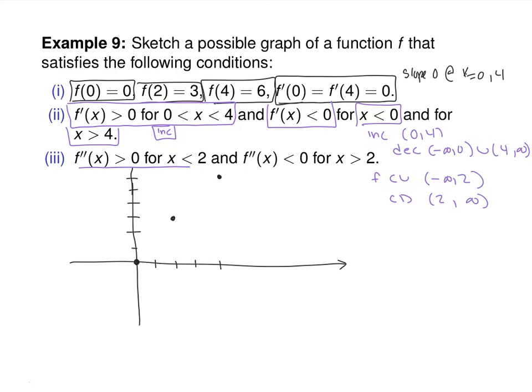Okay. So your first interval is from the left side, we'll say minus infinity, up to 0. Your f is decreasing and concave up. Does that make sense? So you decrease and you're concave up.